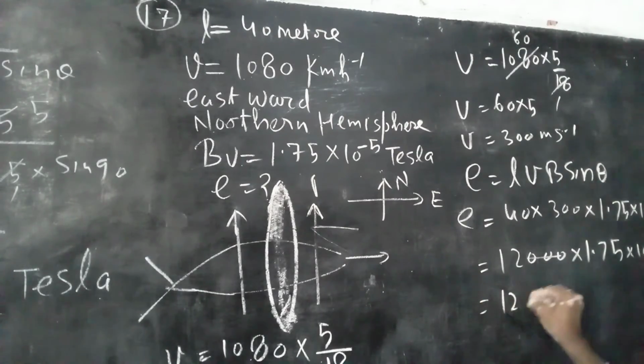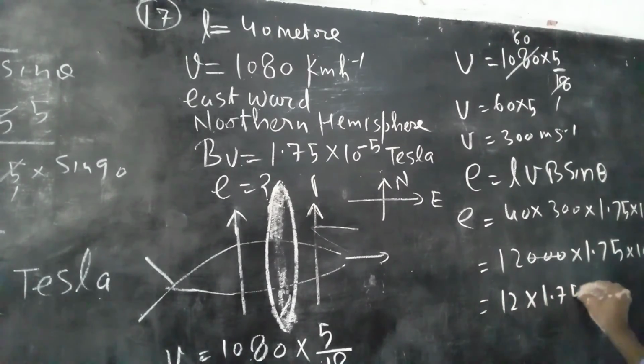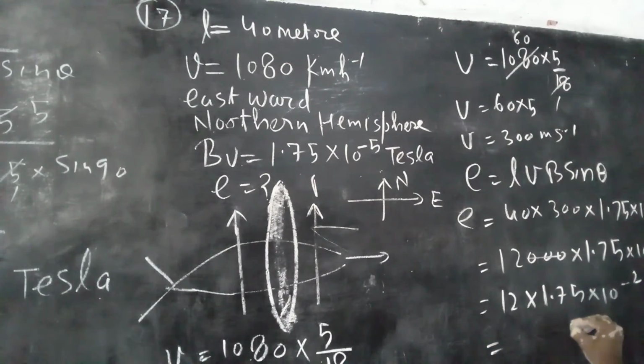So 12 into 1.75 into 10 raised to the power minus 2. Multiplying, we get 21, with the decimal point placed after two digits from the right, and 10 raised to the power minus 2.